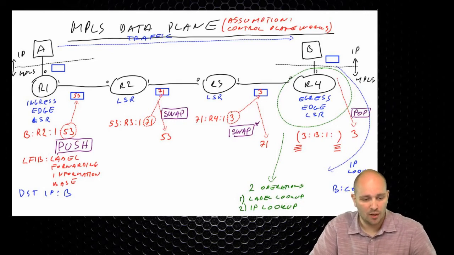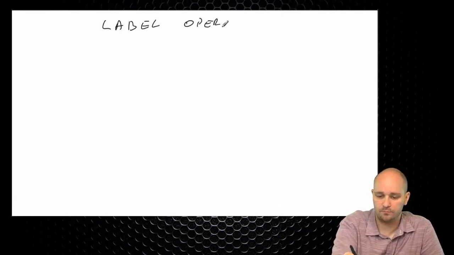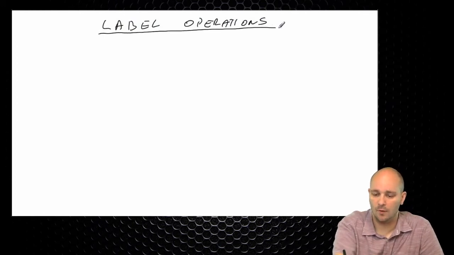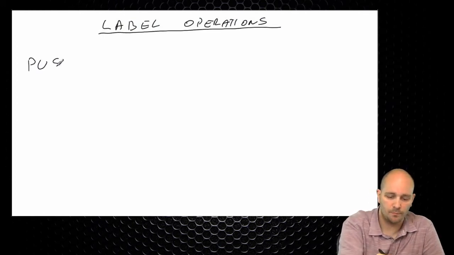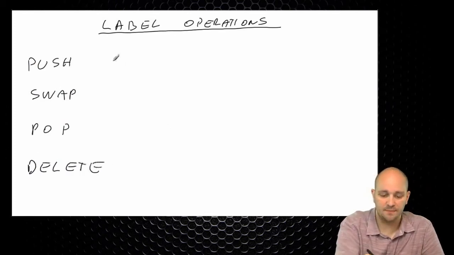So when it comes to MPLS label operations, we basically have the following operations. We have push, we have swap, we have pop, and there is one more that I haven't shown you, which is delete. Now, let me explain these very briefly.